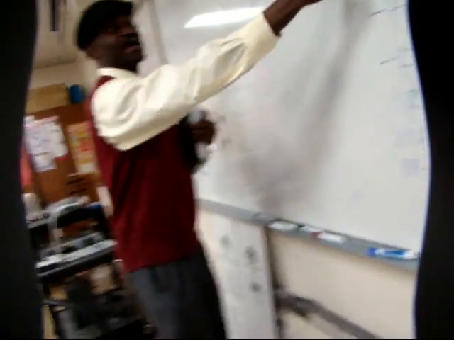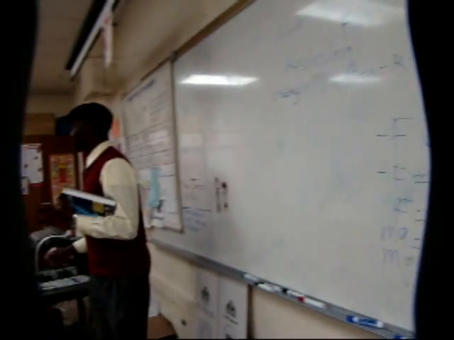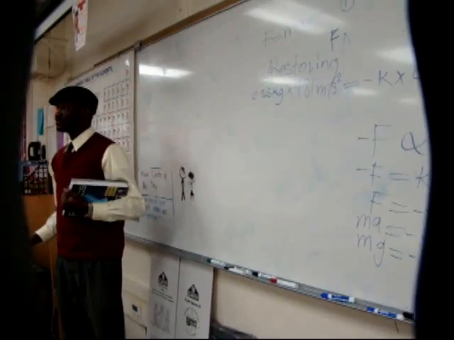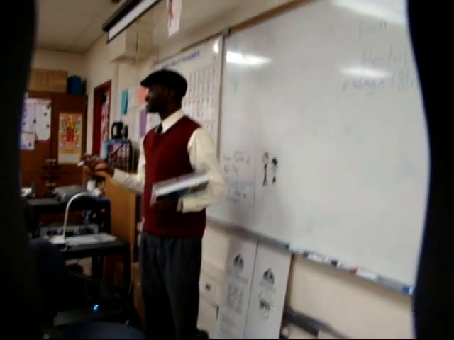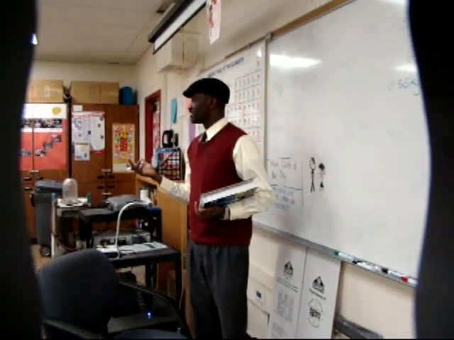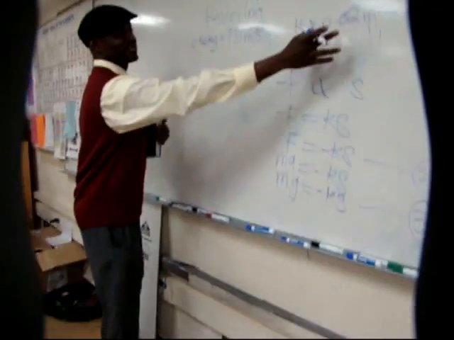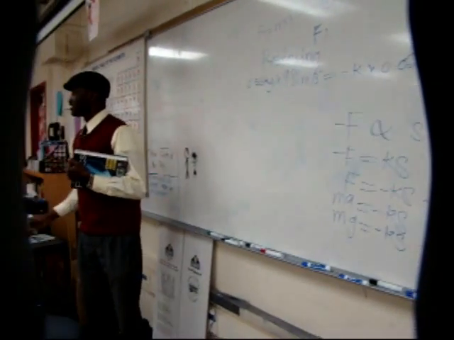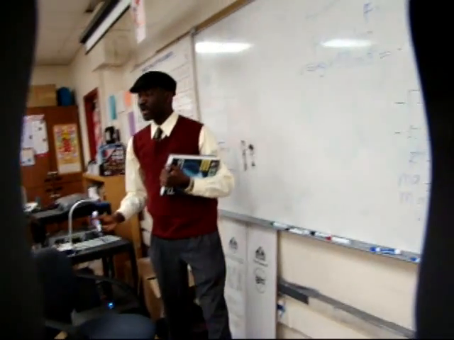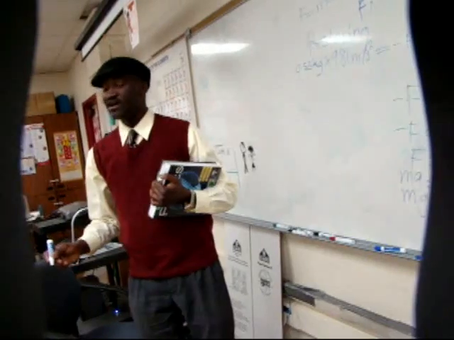So if you just make K the subject of the formula, do you remember that? To make K the subject of the formula, eliminate every other number but K. Divide by what? 0.02 meters. Excellent.